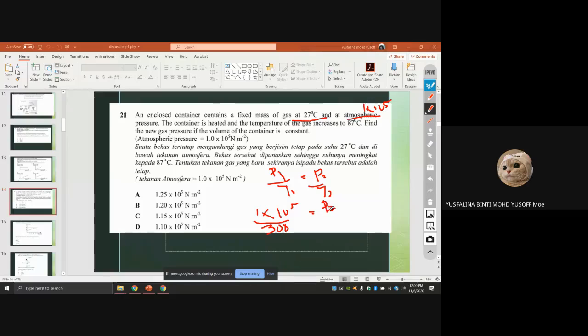The new temperature is 87, so you add 273 plus 87, you get 360. Then you cross multiply, so you get P2 is B. So it is Pressure's law. Okay, next one.